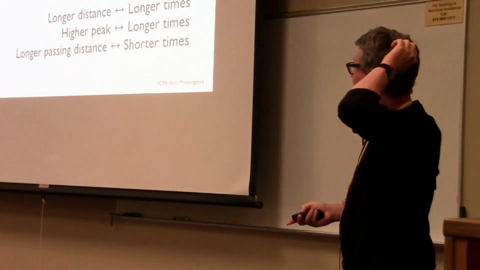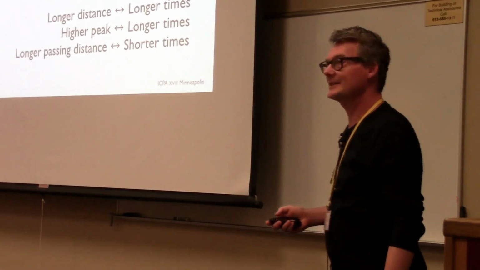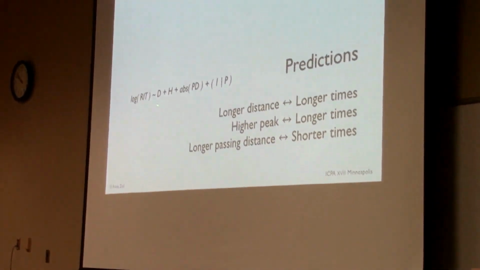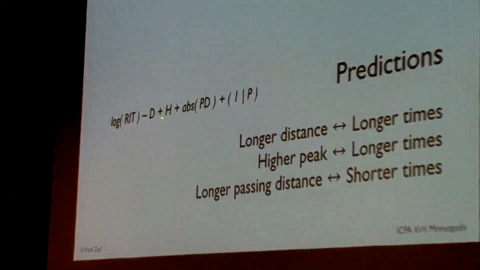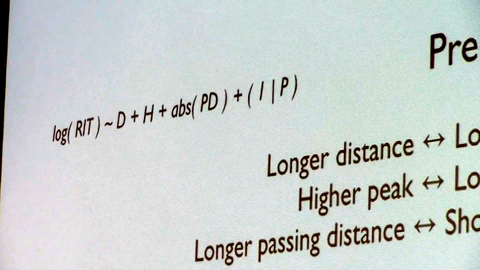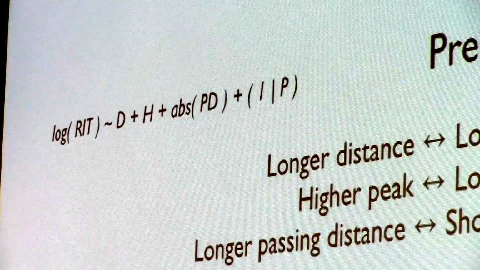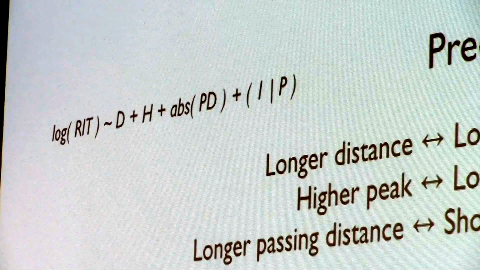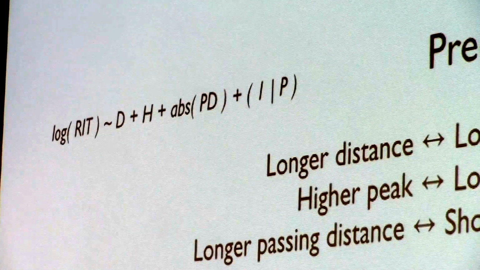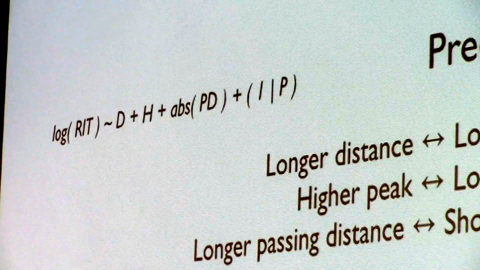I'm not going to explain all the details of that, but basically it's a multiple regression that we know. So here's the distance of the ball, here's the height that this ball flies, this is the absolute value of how far this ball will land away from you. Here's your running initiation time, and this log is only there because we wanted to be sure that our residuals were close to normally distributed.